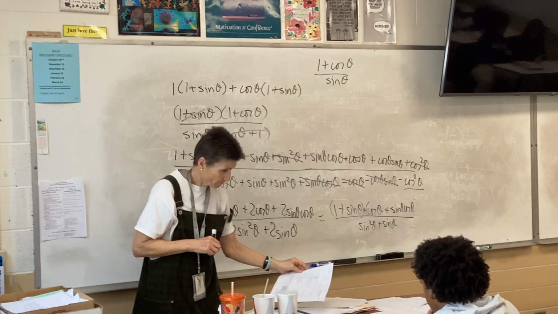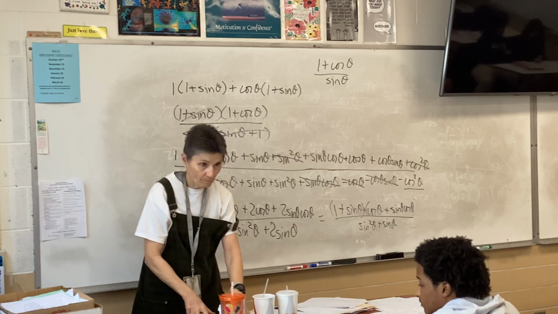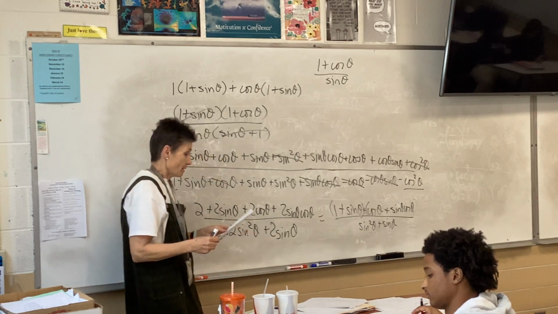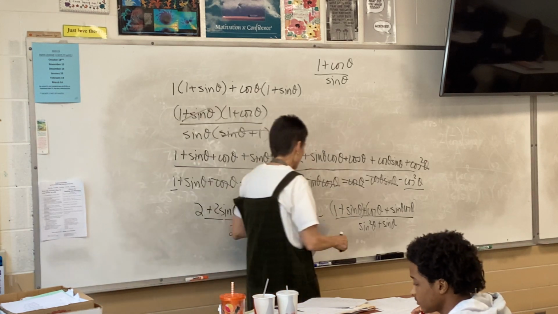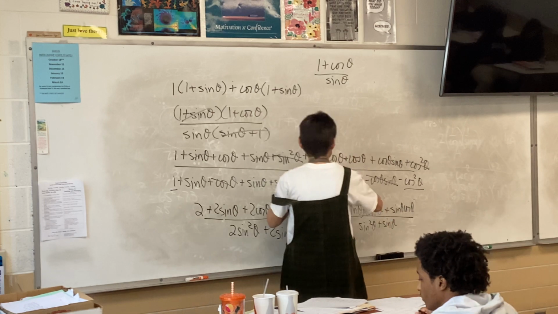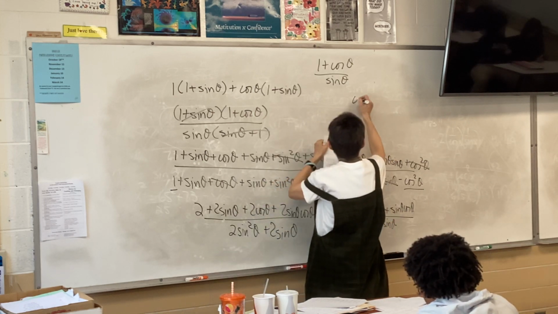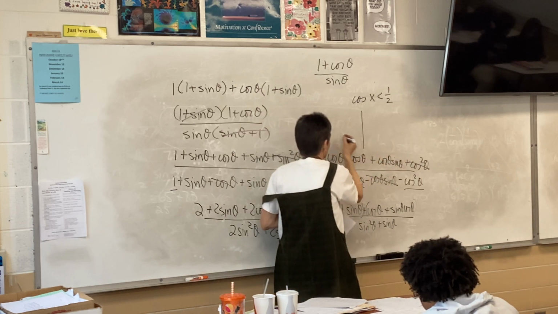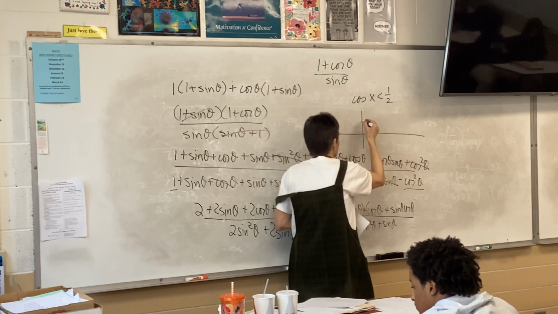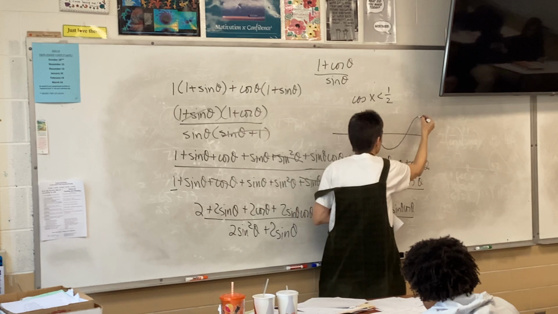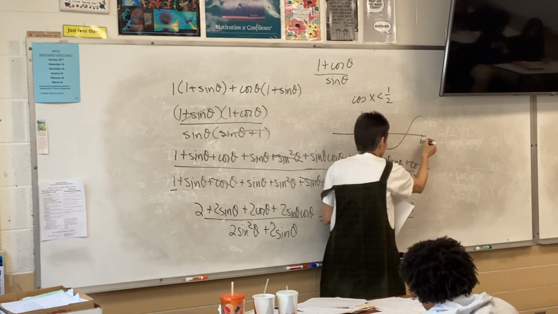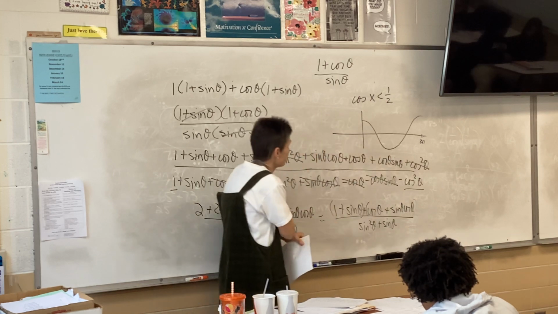Could you do 6A on this sheet right here? I think you did 6B yesterday. Review sheet is 6A, that's another trigonometric inequality. So basically it says cosine x is less than a half. So here is my cosine curve from 0 to 2 pi, which is what my directions indicate.